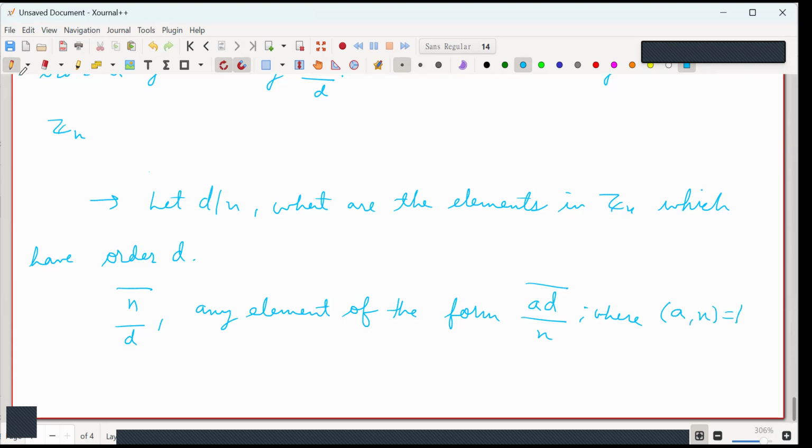That is at least what we require. n is bigger, so it should come first: n a by d.